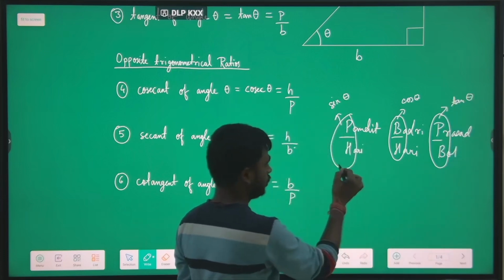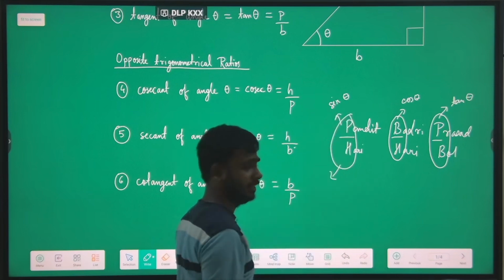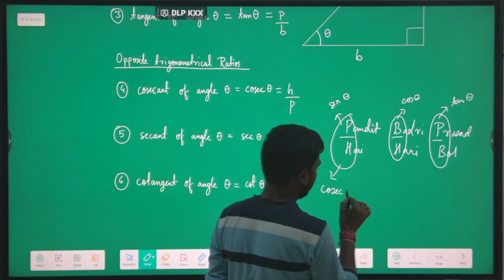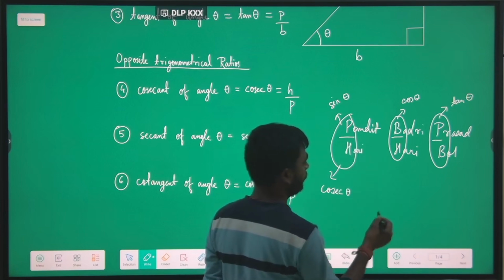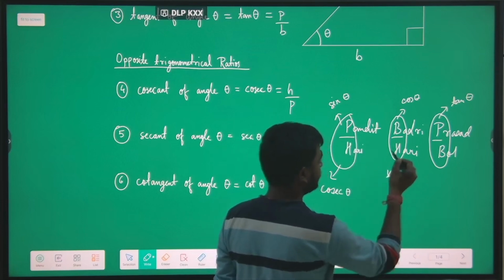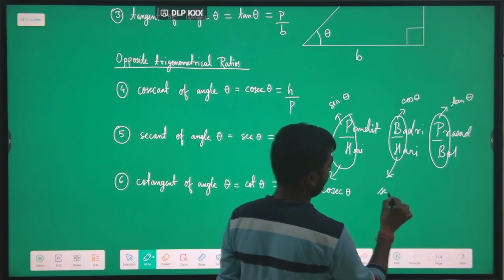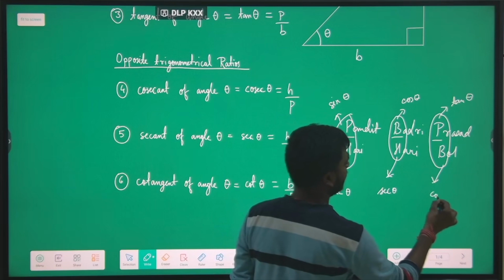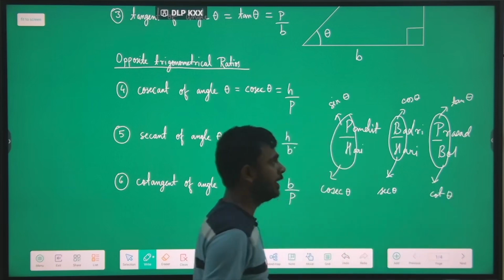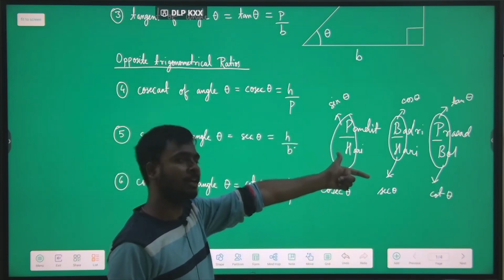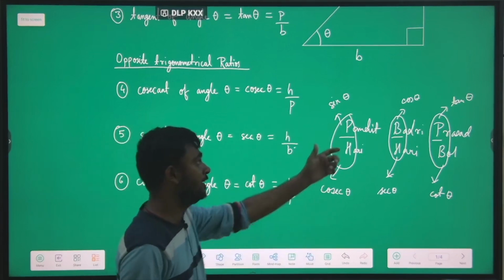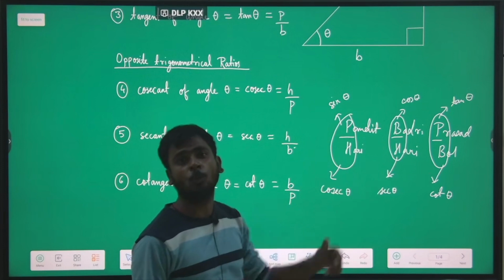Similarly, the opposite of sine of angle theta is cosecant of angle theta, that is H upon P. This H upon B is secant of angle theta, and this B upon P is cotangent of angle theta. So we can use this mnemonic to learn the values of these trigonometrical ratios. Pandit Badri Prasad, Hari Hari Bol.